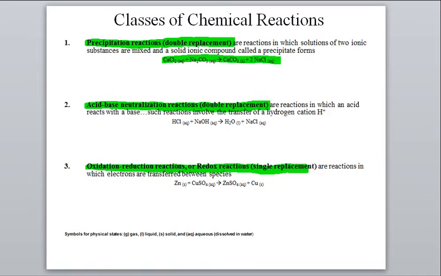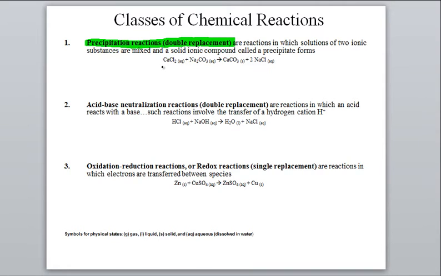That's a precipitation reaction. For the precipitation reactions we're going to look at, if we look at our example above, there's 2 reactants and 2 products, and that'll be the case for all the ones that we look at.